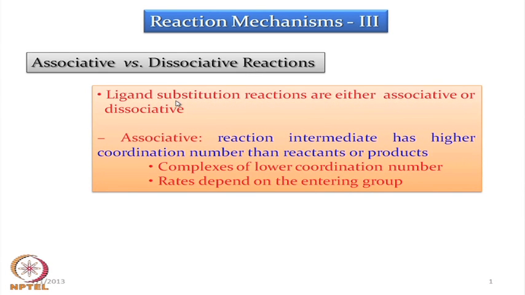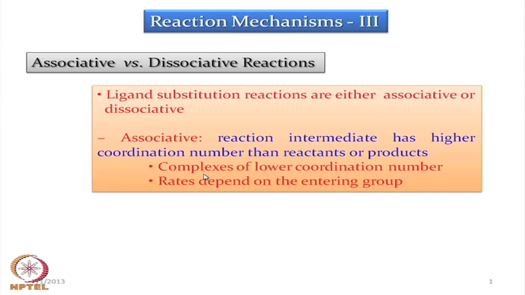When we talk about ligand substitution reactions, they can either be associative or dissociative. When we have the associative reaction, we have seen that there can be an increase in coordination number. So, the reaction intermediate, leading towards the corresponding transition state, has higher coordination number than reactants or products. If the reactant is octahedral, we have 6 coordinated species, and if the product is also octahedral, the product is also 6 coordinated, but the transition state is 7 coordinated.